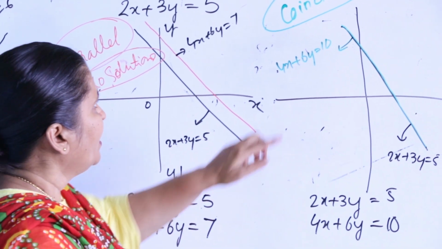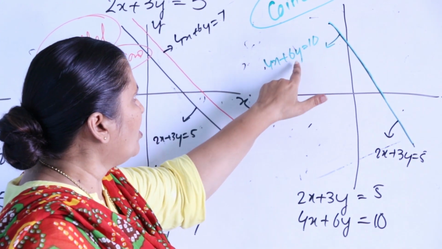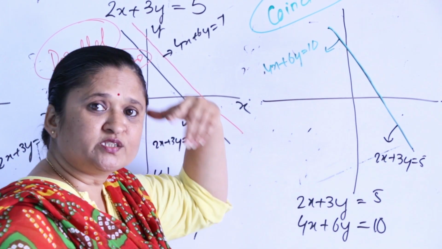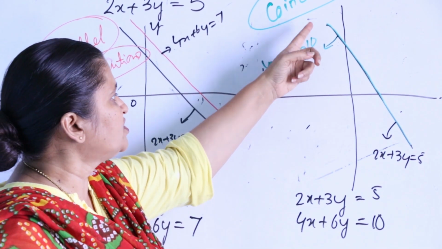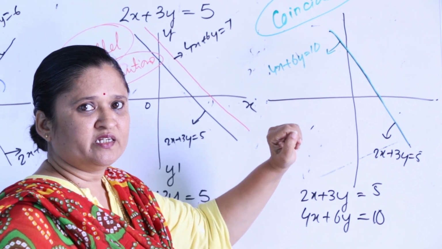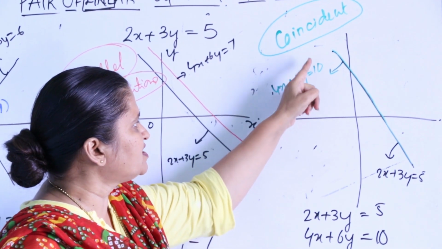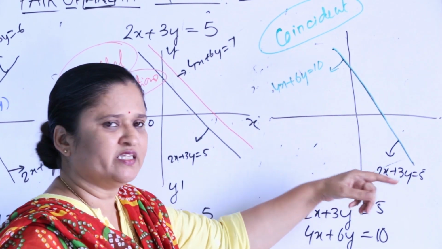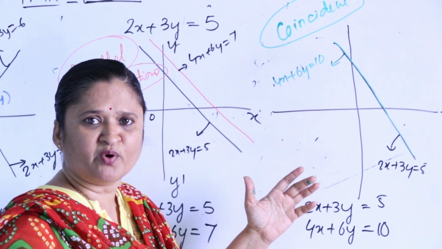And what about this? Every point of this line is also a point on the other line. And how many points are there on this line? An infinite number of points.